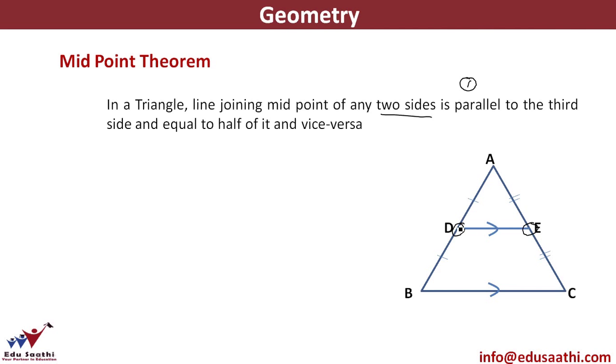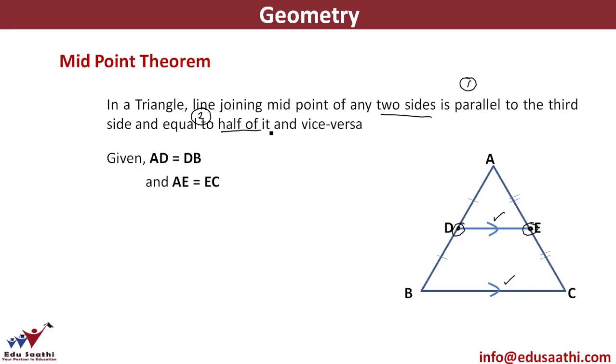So a line drawn from the midpoint of the first side and joining the midpoint of the second side would always be parallel to the third side. This is what the midpoint theorem says. And the second thing that I can derive is the length of this side DE would be half of BC, half of the third side, and vice versa.